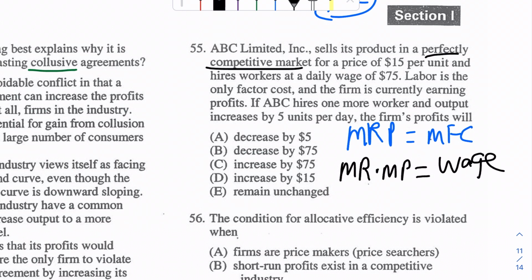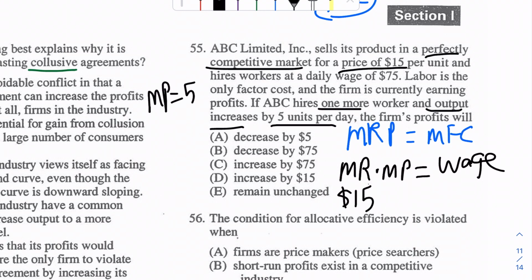So if your price is 15, your marginal revenue is 15, and the output increased by 5 units when you hired one more worker. So your marginal product is equal to 5. Remember, marginal product is how much your output changes when you hire somebody.